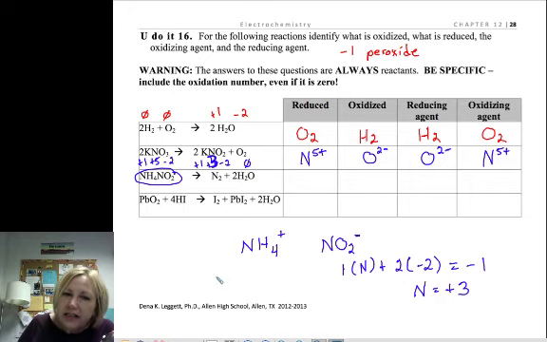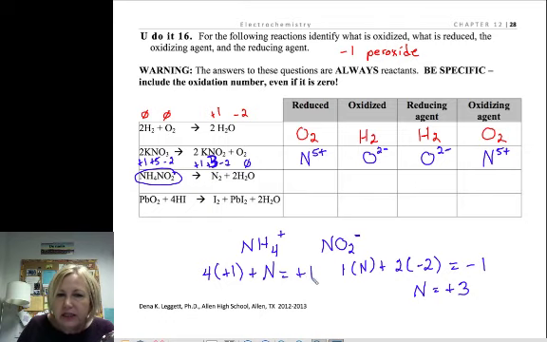Right? And then this nitrogen, I have 4 hydrogens. They're each +1. The only time hydrogen's -1 is when it's all by itself with a metal as a hydride. So plus my nitrogen is equal to +1 left over. Okay, so that makes my nitrogen +5 in this case. I can't do math. All right, so 4 positives, subtract that over there, it would be -3.